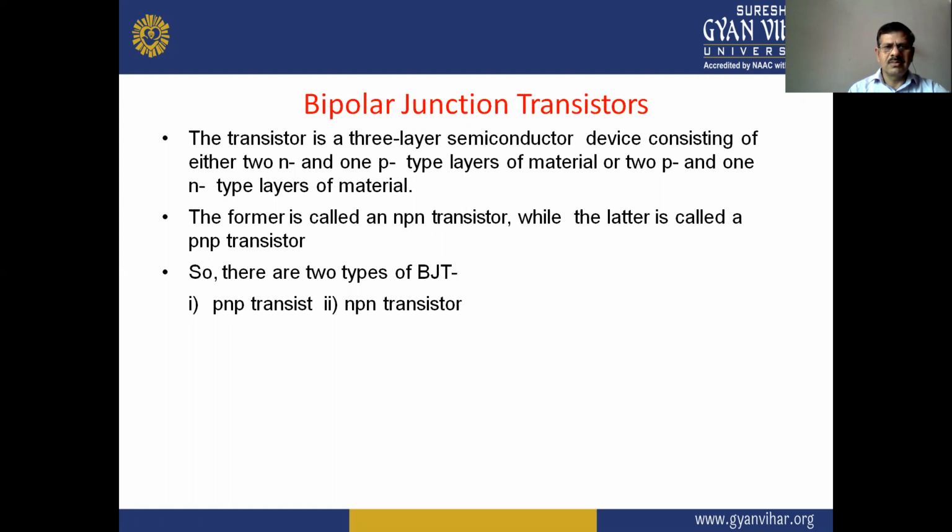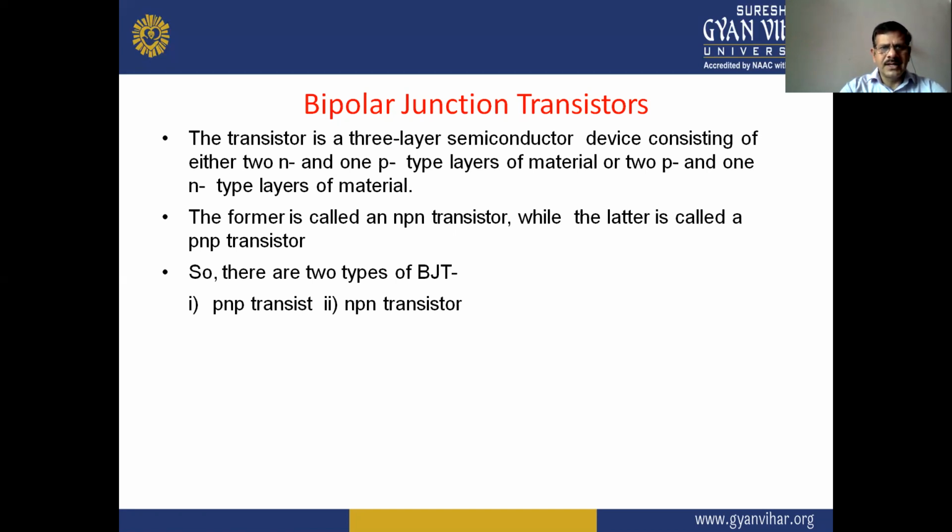So this is basically a three-terminal electronic device in which two layers may be N type and one layer may be P type, or two layers may be P type and one layer may be N type.